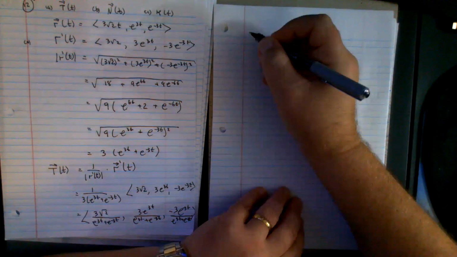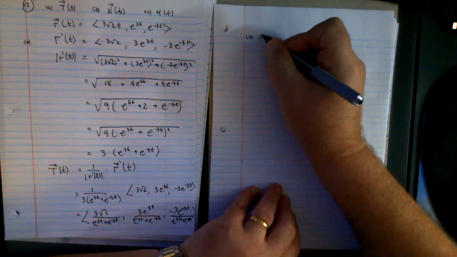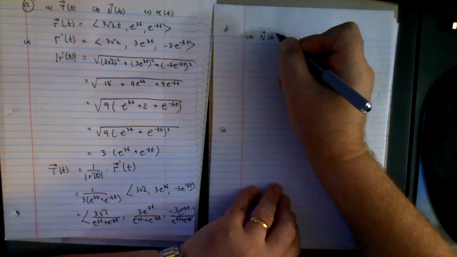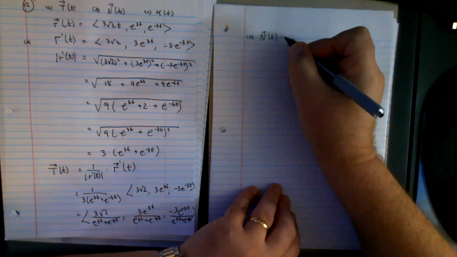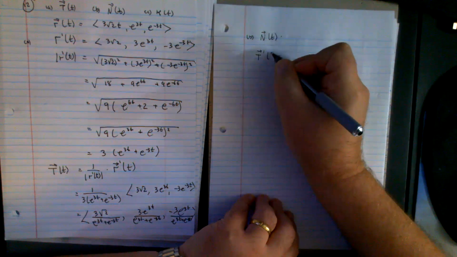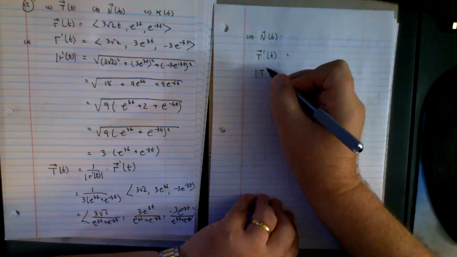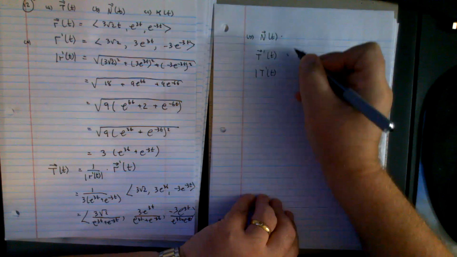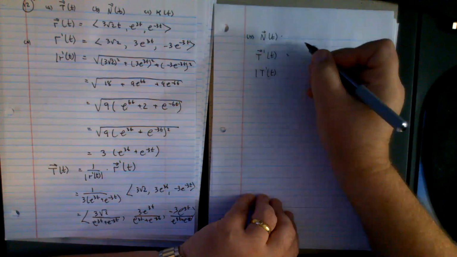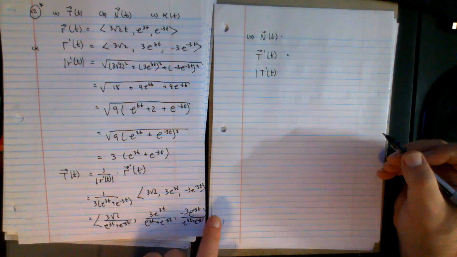Okay. Well, the next stage is to get the unit normal vector. The unit normal vector is going to involve us finding the derivative of this and then the magnitude of it. We already know what the unit tangent looks like, which is really ugly.